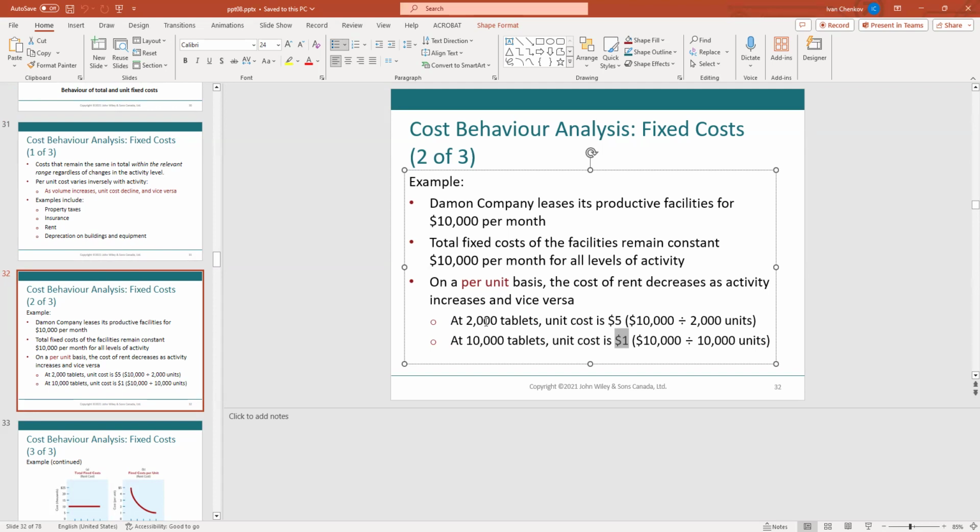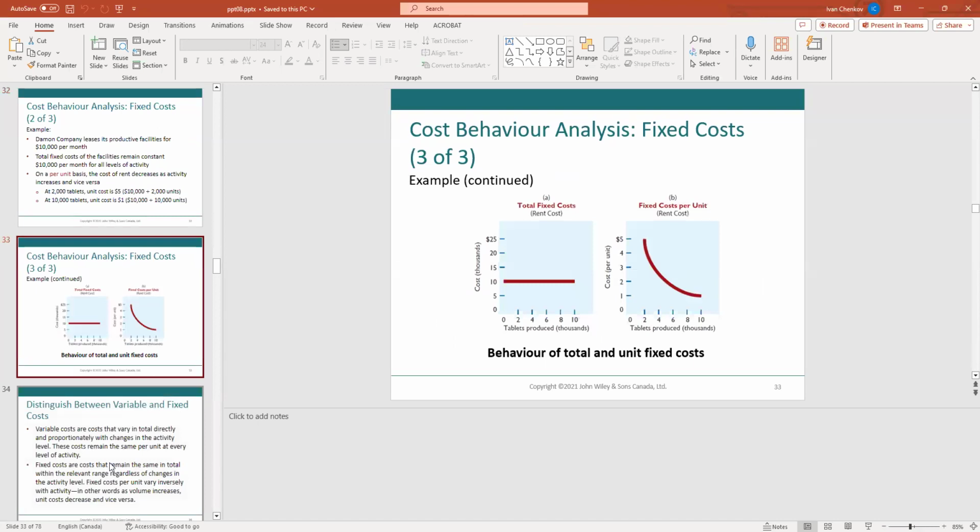The other example for the fixed cost will be your monthly pass for the TransLink. The more you use that pass, the less cost per trip is gonna go. And that's how you're utilizing your fixed cost. On the graph, again, the graph for the total fixed cost is always gonna be a flat line. Why?